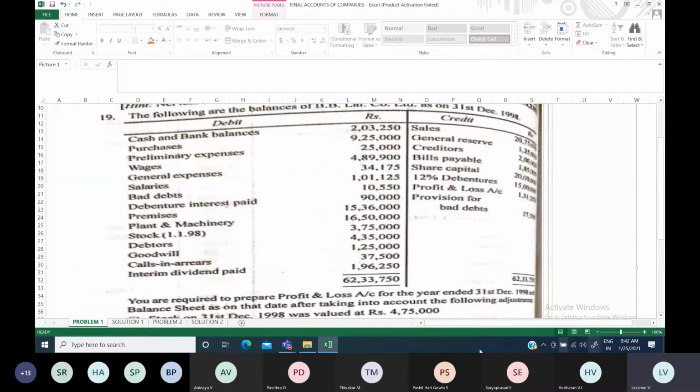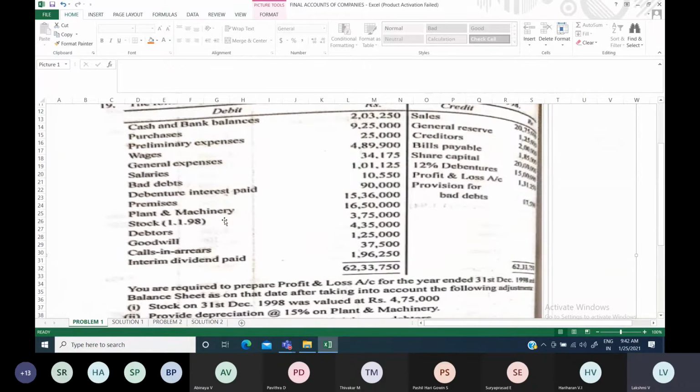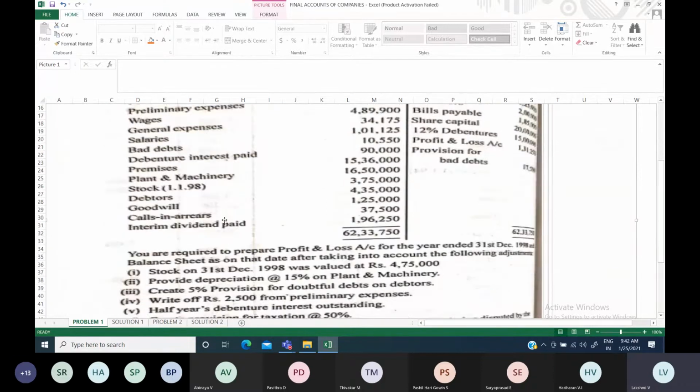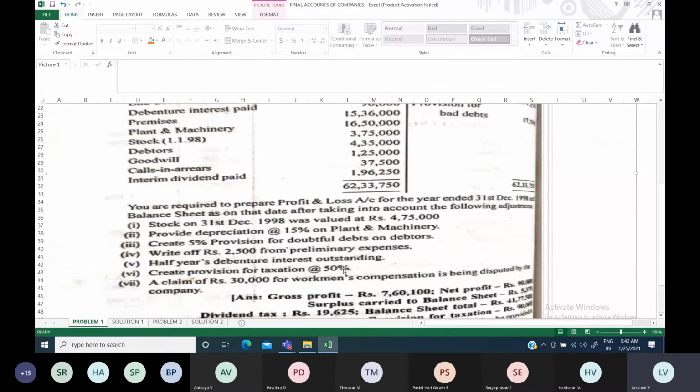Okay, so debenture interest paid is actually 90,000. It will be coming under the profit and loss account debit side. Whenever you come across this kind of item, better to check whether any interest is outstanding. Here half year debenture interest is outstanding; half year means 6 months.